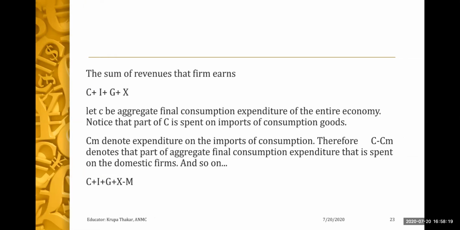So what we get is the sum of revenue that the firm earns, which is C plus I plus G plus X. Now let C be the aggregate final consumption expenditure of the entire economy. Please understand that part of C is spent on import of consumption goods also, which means CM denotes the expenditure on imports of consumption.